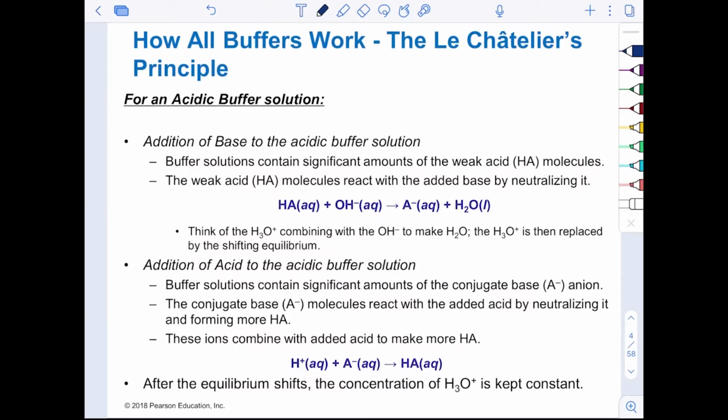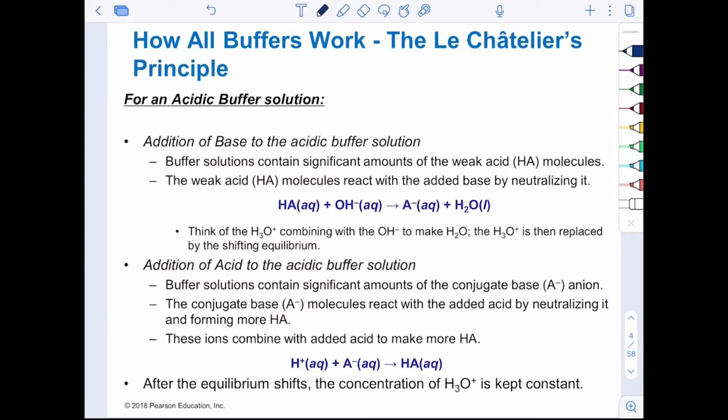And so if a strong base or a strong acid is added to a buffer, the conjugate base or the weak acid component, whatever reacts, remember acids and bases react together. Two acids do not react together. Two bases do not react together. Whatever component is reacting will shift the equilibrium slightly and make more of the alternate.